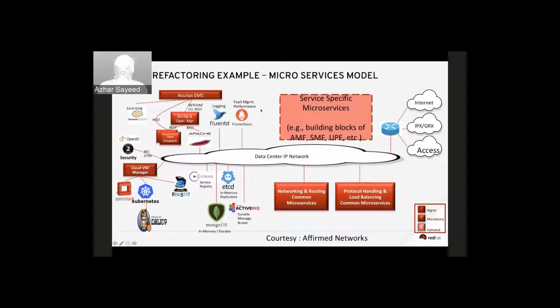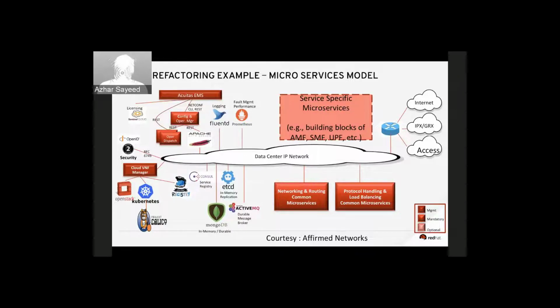These microservices are common, so all they need to worry about is how to leverage them, and then how to build the core functionality required by the 5G components like the access management function or session management function, which is AMF, SMF, so the service-specific microservices. And then they can have a set of common networking, routing services and protocol load balancing microservices as well that leverage this.